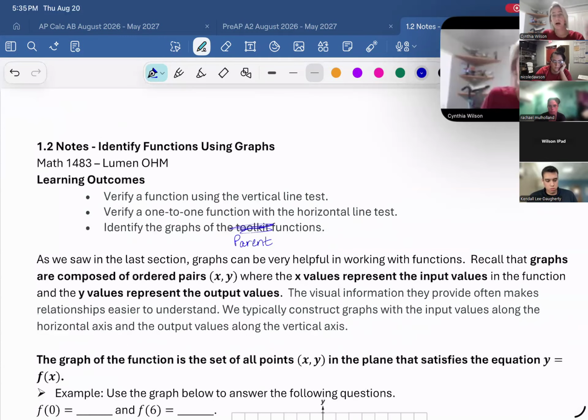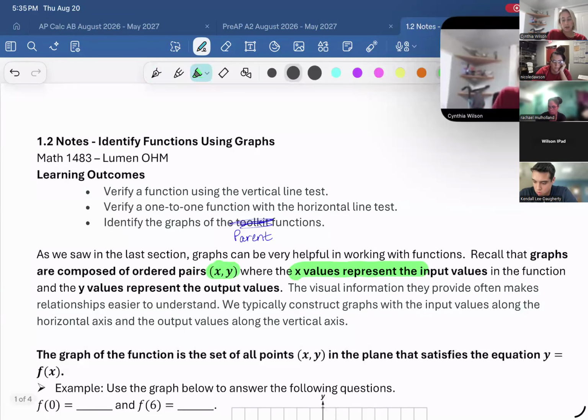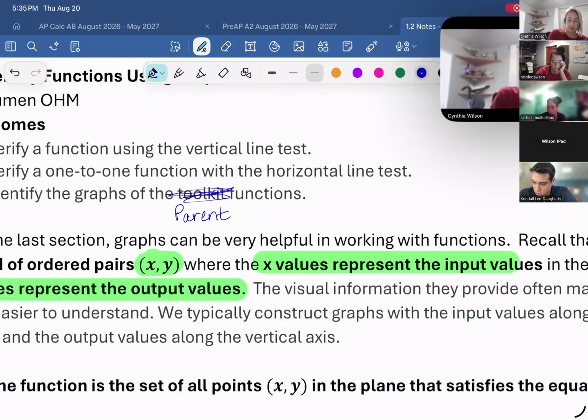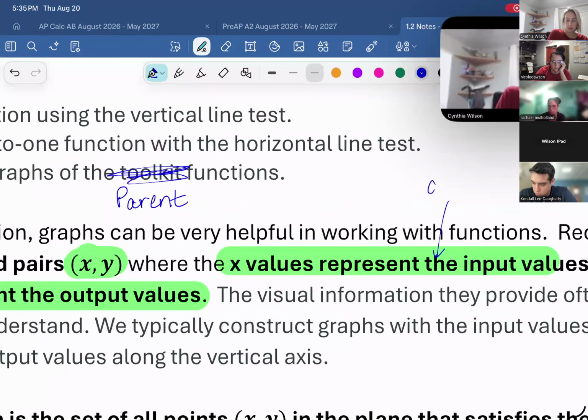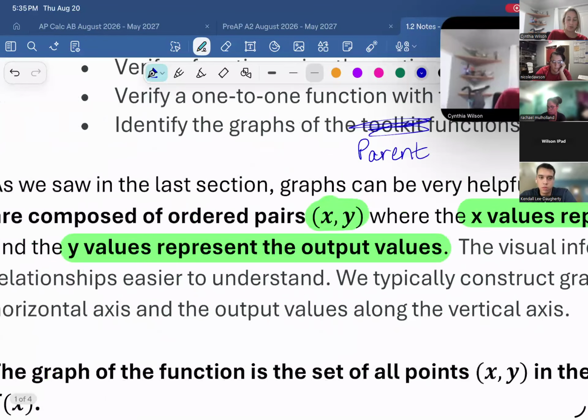All right, graphs help us a lot as far as being able to identify. Just to recall from last lesson, graphs have ordered pairs, x's and y's. X is your input, y is your output. So x is your domain, and y represents something called the range.